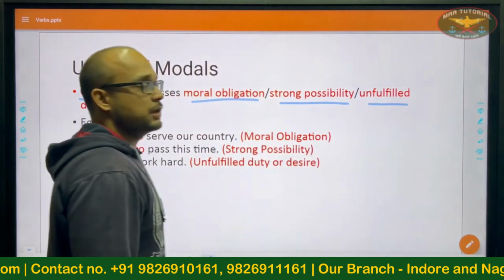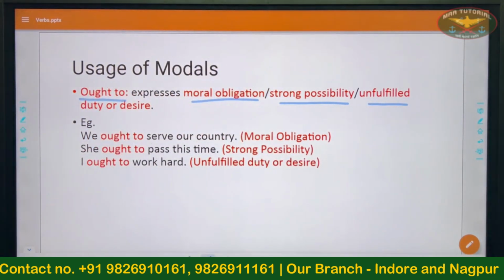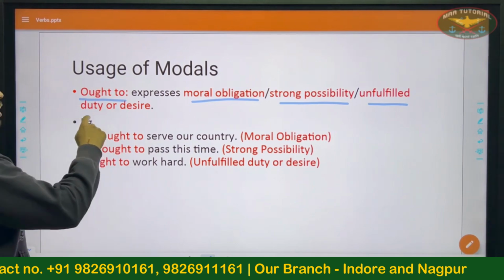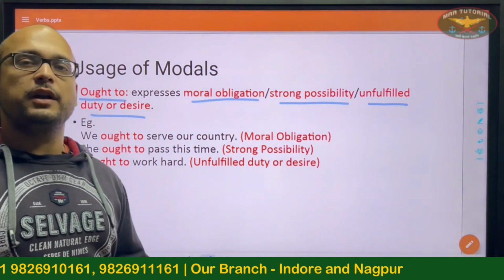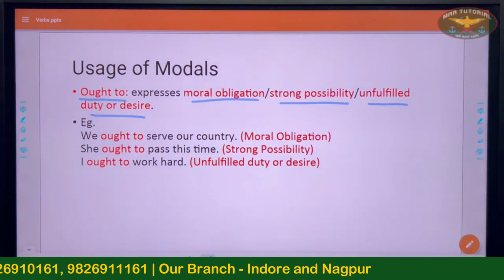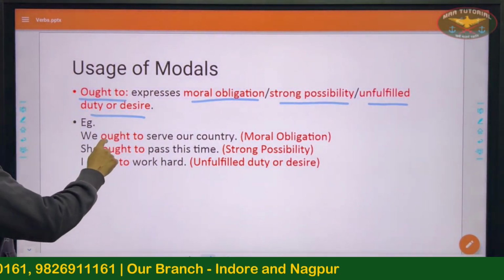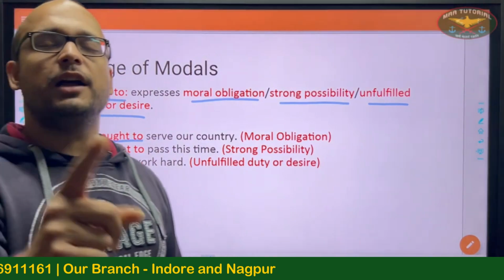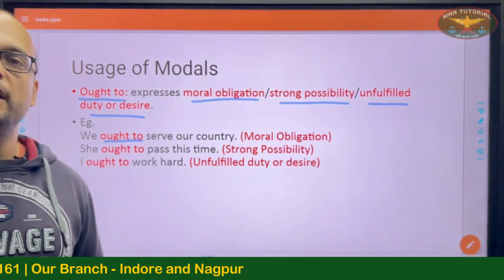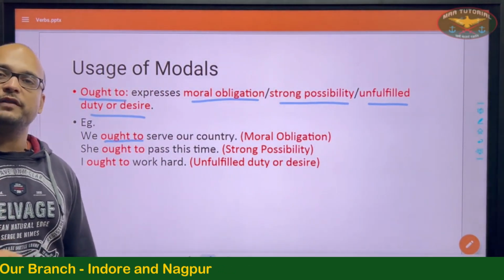When something is strongly possible that yes, it will happen, then we use ought to. Or unfulfilled duty or desire. Any unfulfilled, which has not been fulfilled, which is not complete, which still remains incomplete. We ought to serve our country. It's a moral obligation. Every countryman ought to serve their country. They are getting benefits of being a countryman of that country.